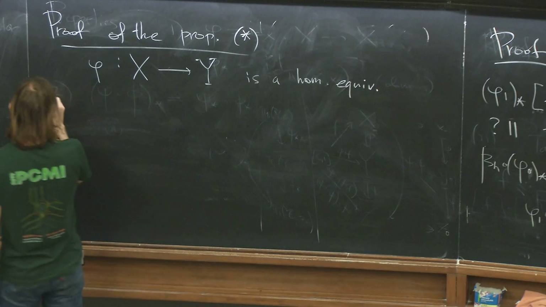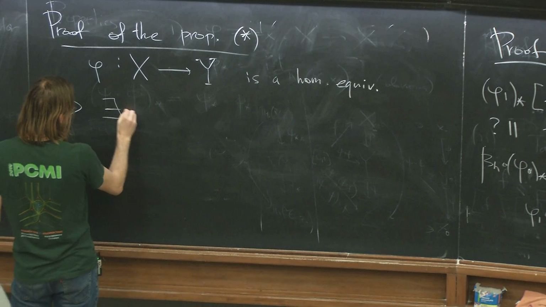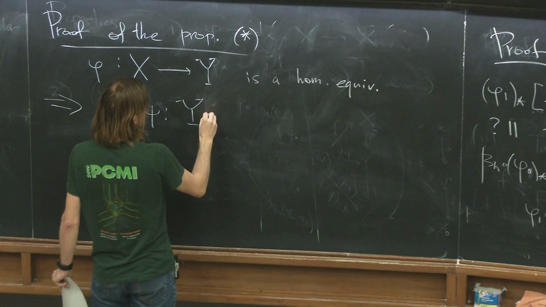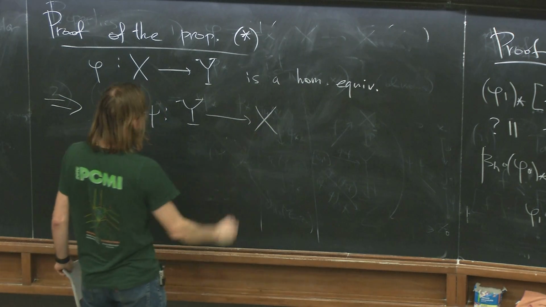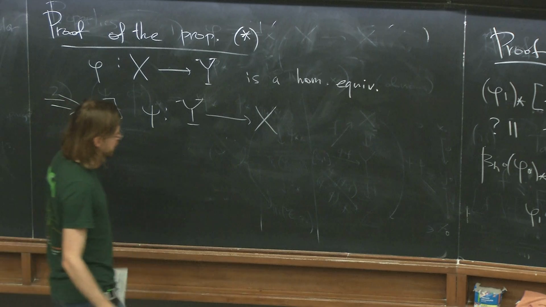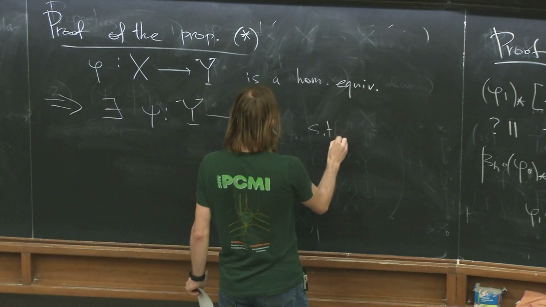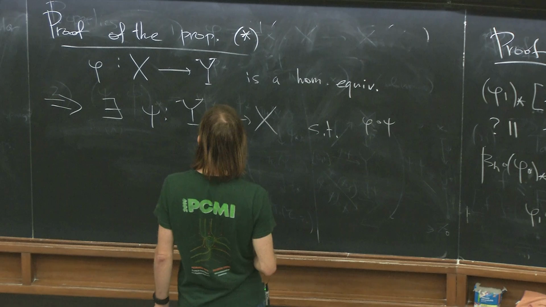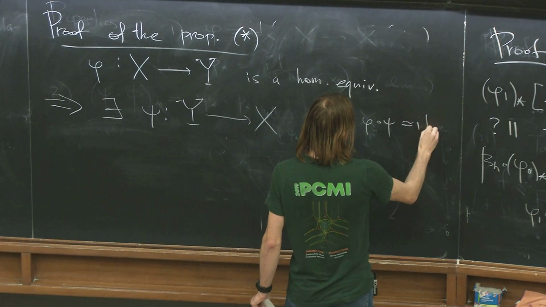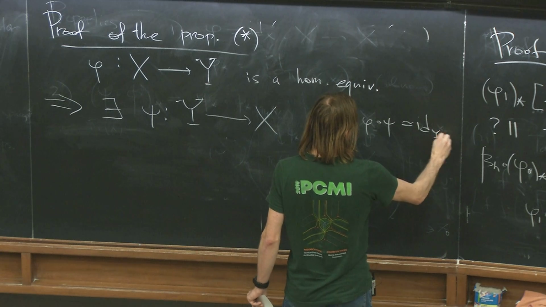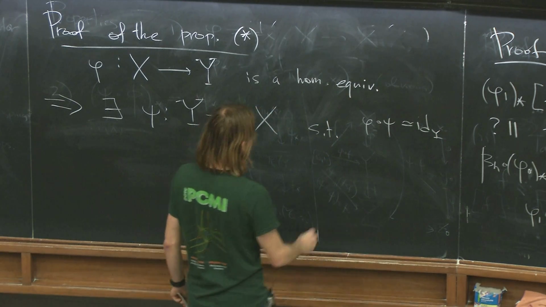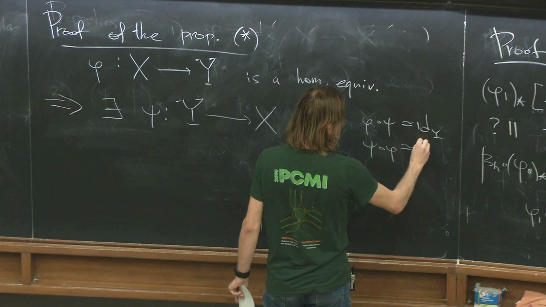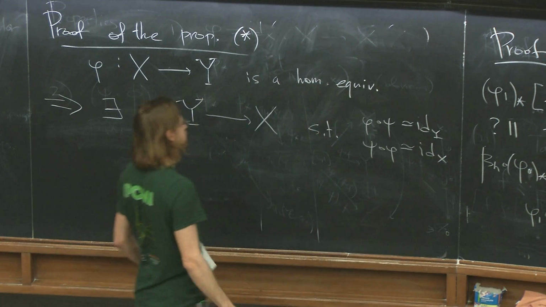So by definition, there exists a map psi in the opposite direction, from y to x, which is a homotopy inverse, meaning that the composition of psi with phi is homotopic to the identity on y, and the composition in the other way is homotopic to the identity on x.